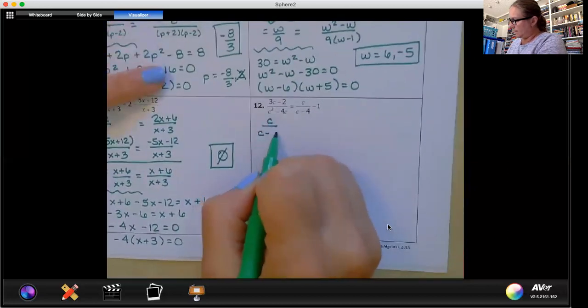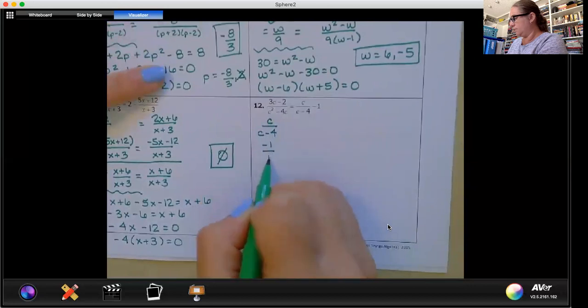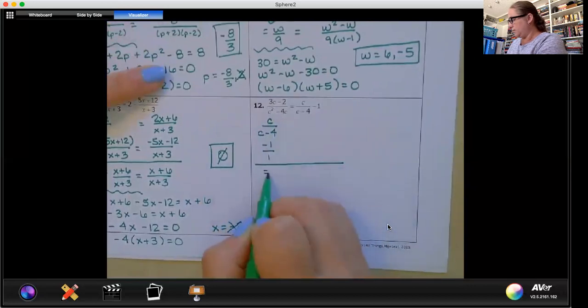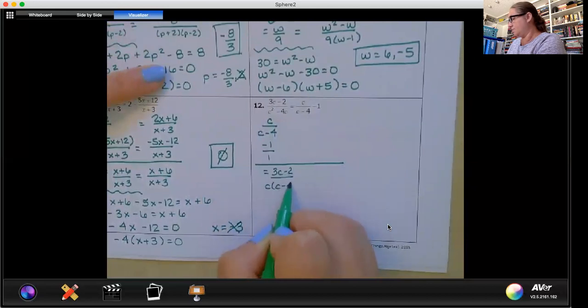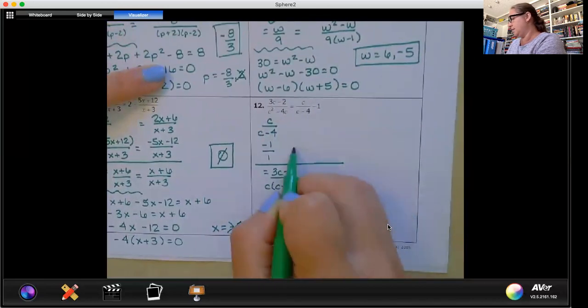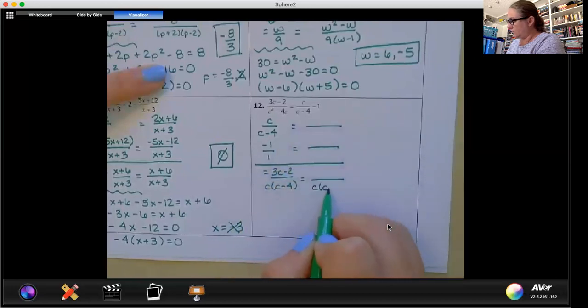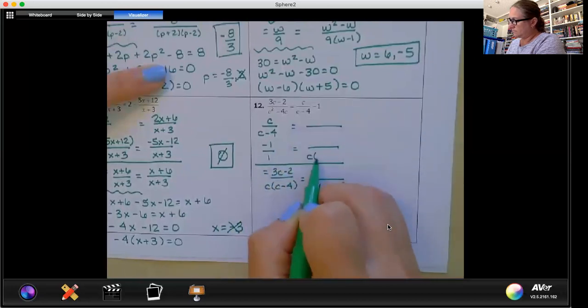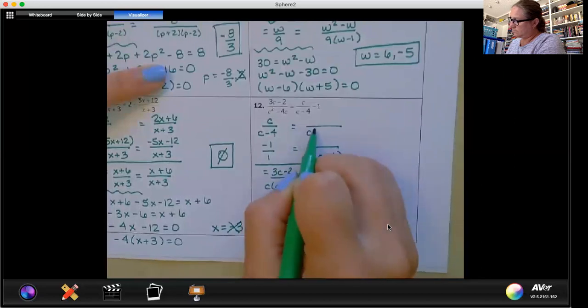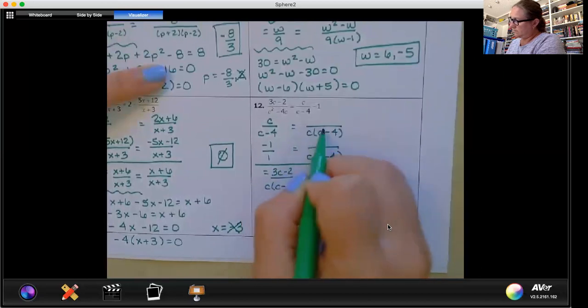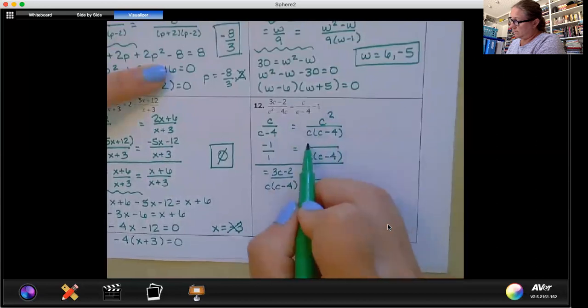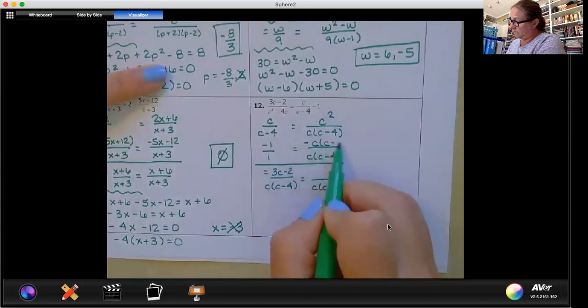C over c minus 4 minus 1 over 1 equals 3c minus 2 over c times c minus 4. Common denominator is c times c minus 4. So this is just times c. This is times all of it.